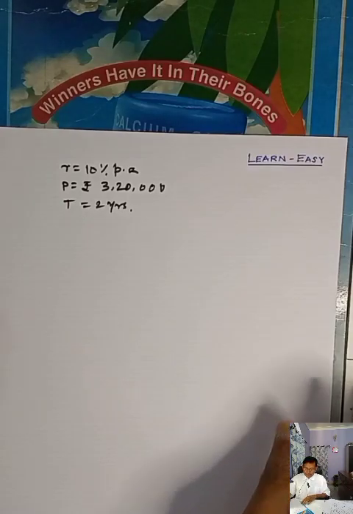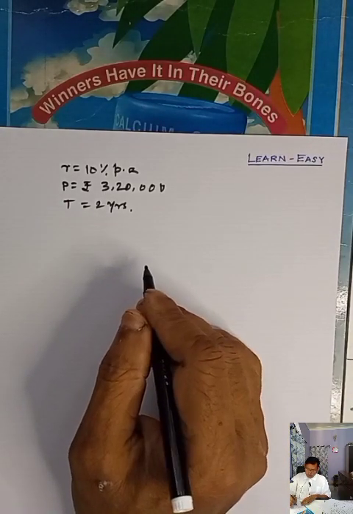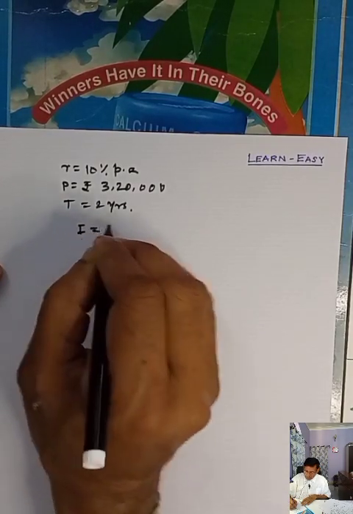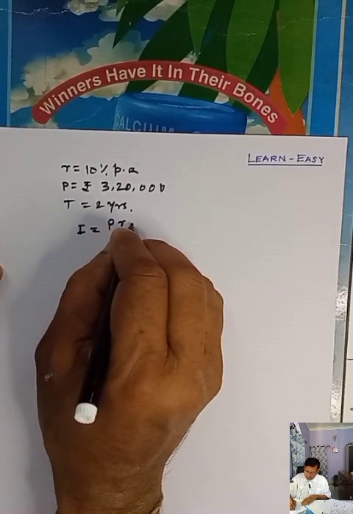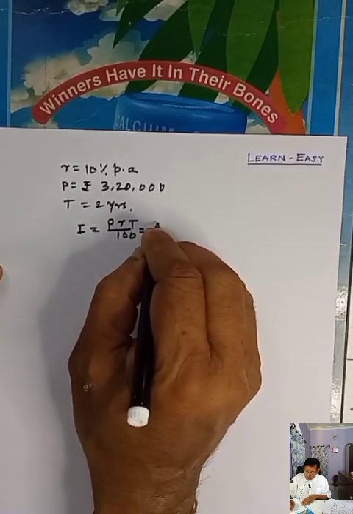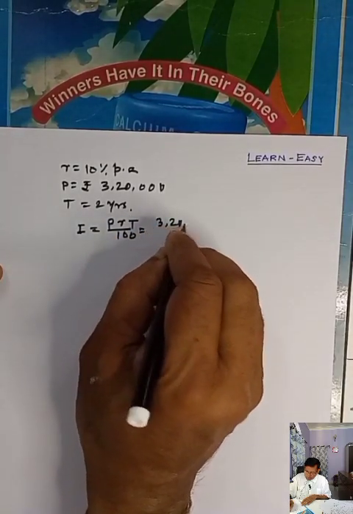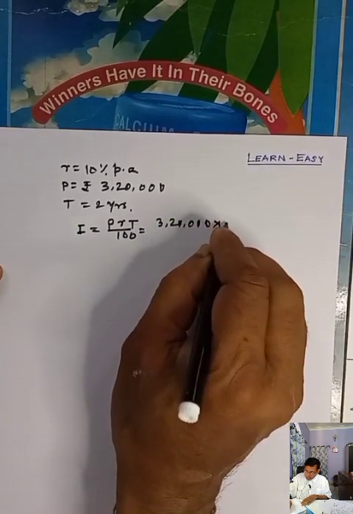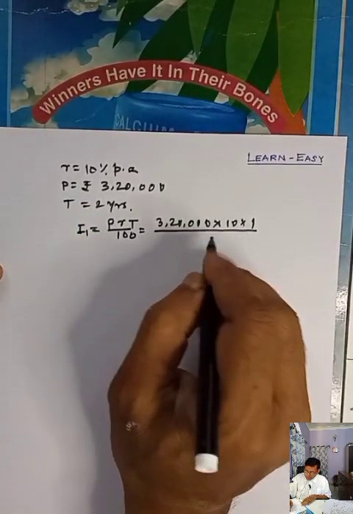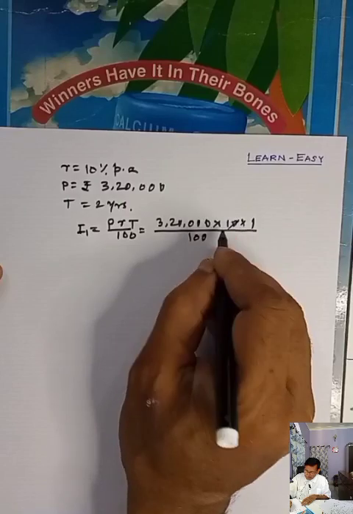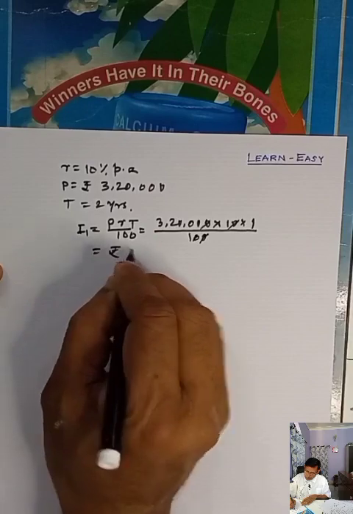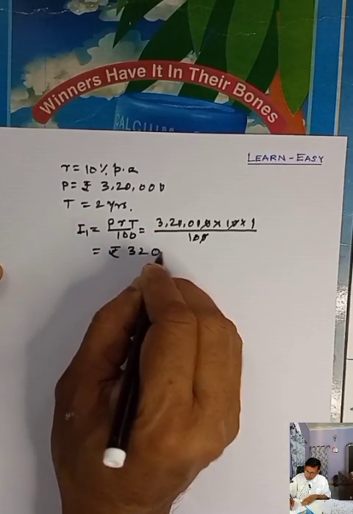Now what will happen? For the first year, what will be the interest? Interest in the first year, P R T divided by 100 is equal to, P is equal to 3,20,000, R is equal to 10, into 1, this is first year, divided by 100, is equal to rupees 32,000.